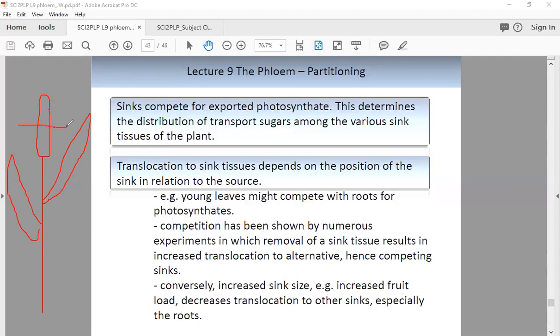What we would do is cut half of that. So that would be, I suppose, similar to thinning a bunch of grapes, for example, or thinning out fruit on a fruit tree. And what you would expect if you halved the size of the ear is for the half that's remaining to become twice as large or twice as heavy in terms of grain yield or grain size in comparison to an intact ear.